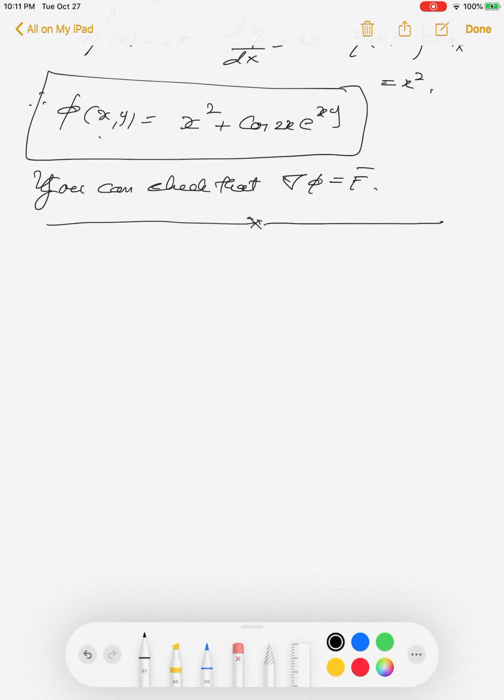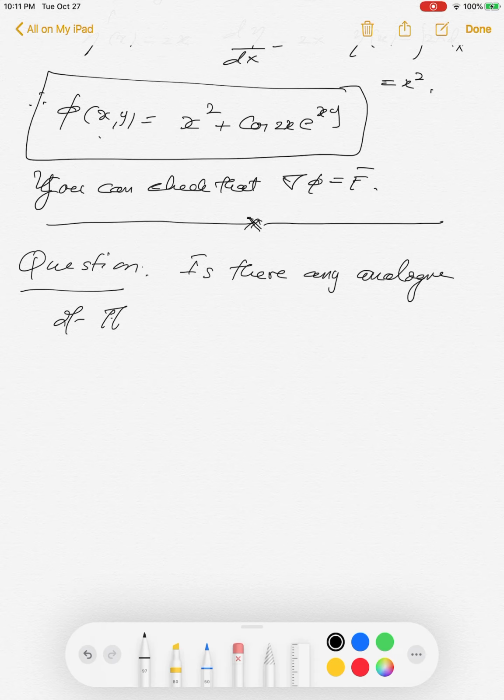Now you might ask, is there an analog of this criterion we saw for checking conservativeness of a vector field in 3D? This question we will address. So the question: is there any analog of Theorem 2, which I wrote above, in R^3?